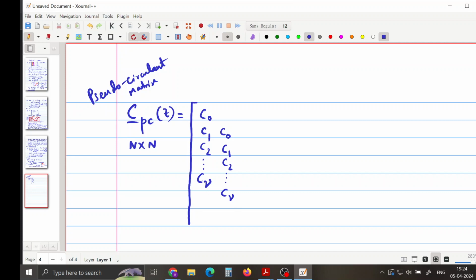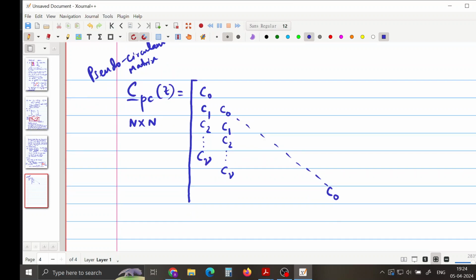Okay, it's like this, and it goes all the way. So the elements across any diagonal are constant.